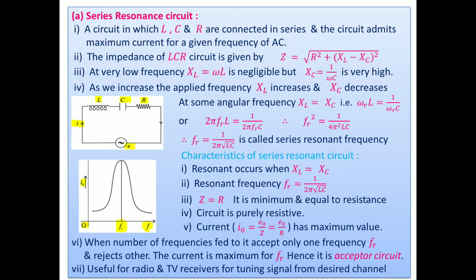Then, as we increase the applied frequency, the applied frequency gradually increases. I discussed radio FM previously. For example, 91.5 FM is there, which means a 91.5 megahertz frequency is emitted by that radio station.